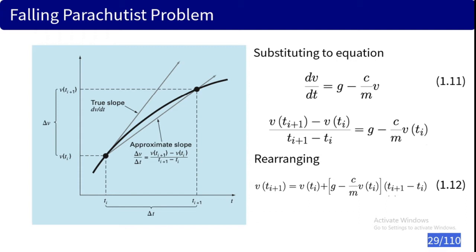So after one time step, or one interval, it is equal to the initial velocity, the velocity at t sub i, plus g minus c over m times the initial velocity, times the difference of the time after one interval.